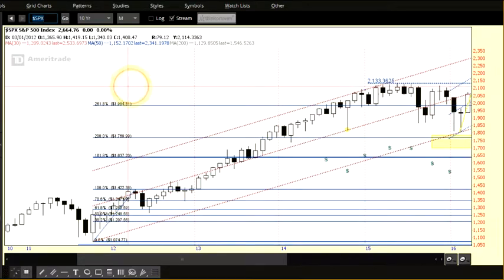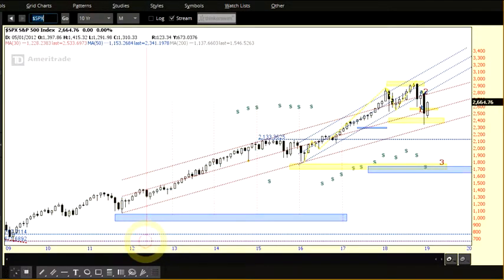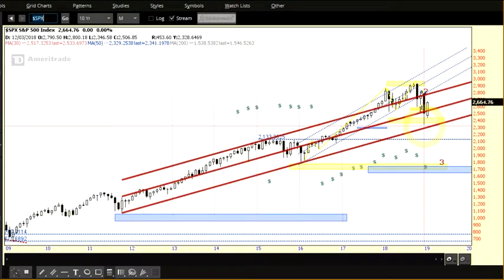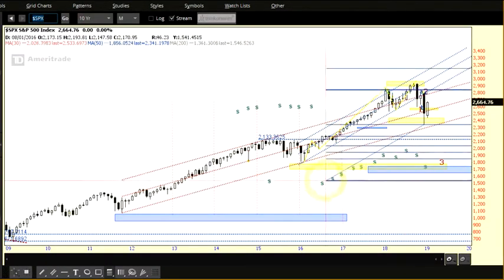But the 2.61 is a good place to look if you're trying to figure out, okay, where's my target? Because if you have a target, it's easier to figure out your reward to risk. So if my target is down here, let's take Fibonacci and go from bottom to top.